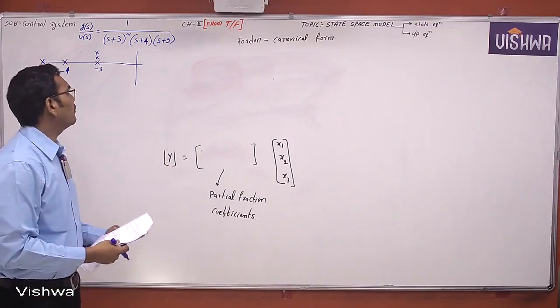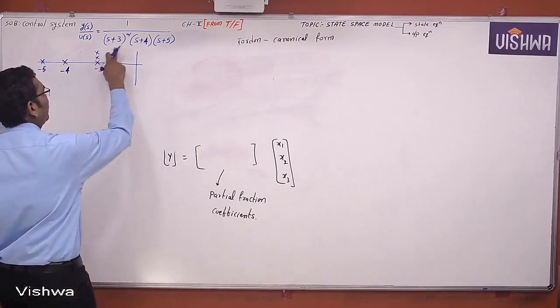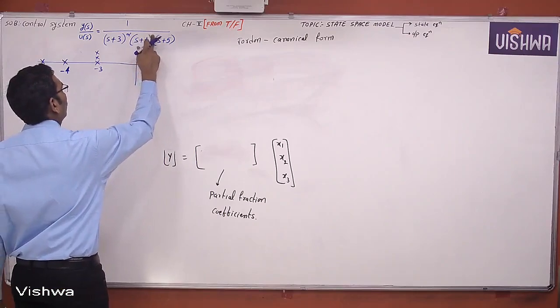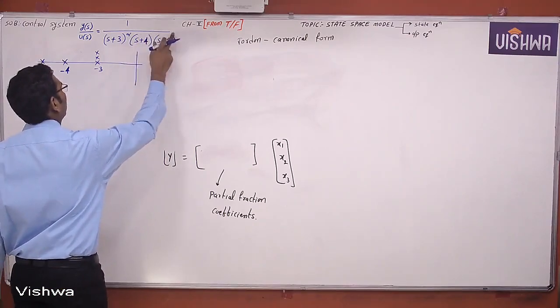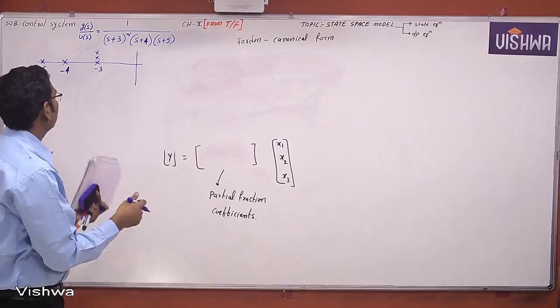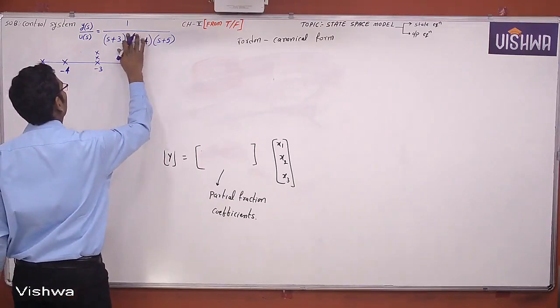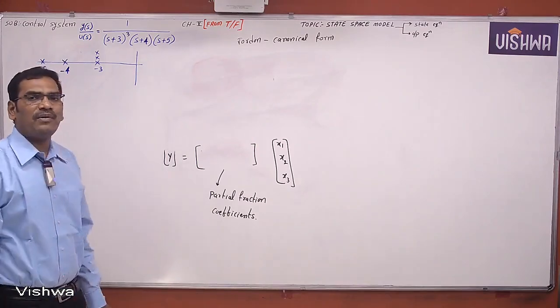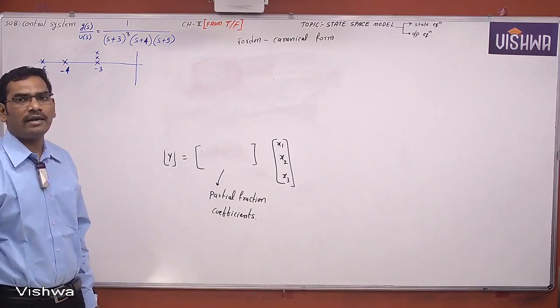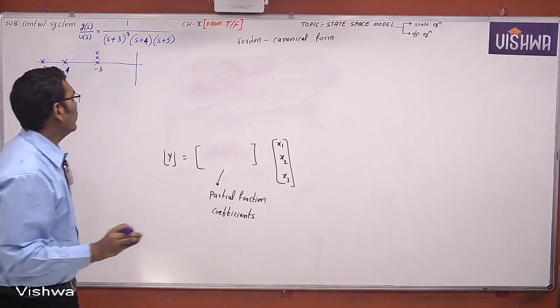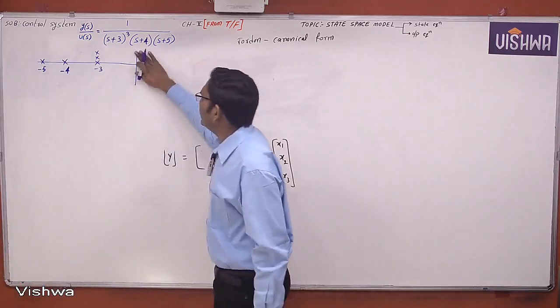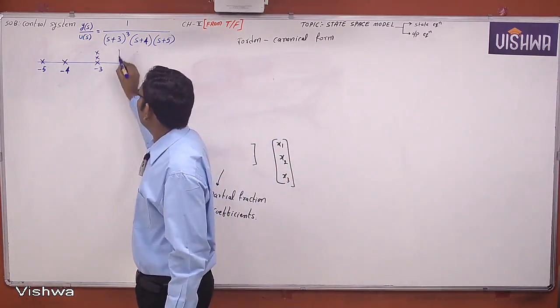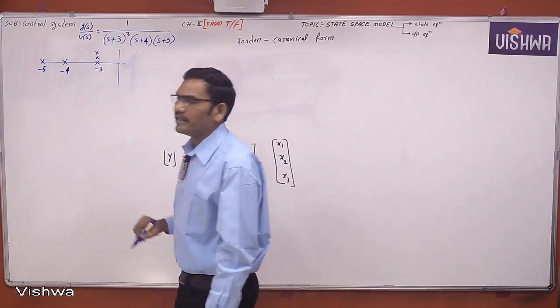Now you tell me, first of all, what is the order? The highest power in the denominator polynomial is 5. Therefore, the order is 5 state variables. Now you can easily identify that there are 5 state variables, and the A matrix order is 5 by 5.